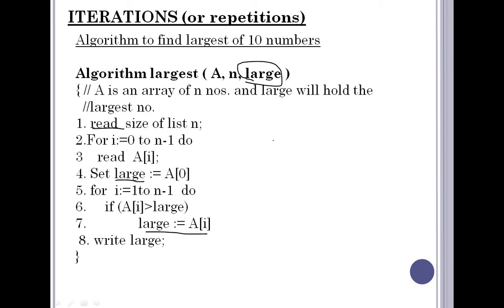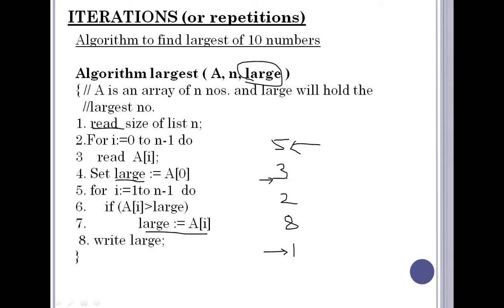So for example, if I have 5, then 3, then 2, then 8 and then 1. Initially large is initialized to 5, and after that we iterate from I equal to 1 to n minus 1, and we check whether A of I is greater than 5.